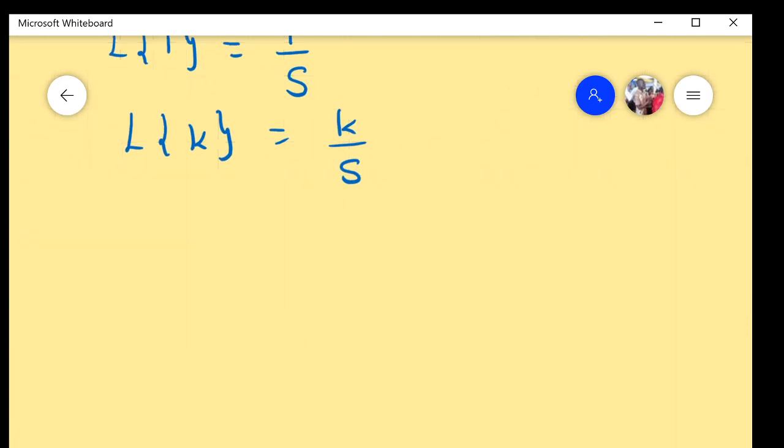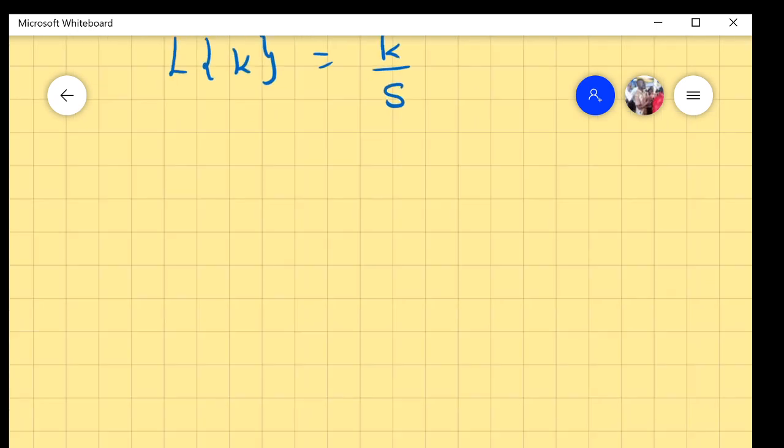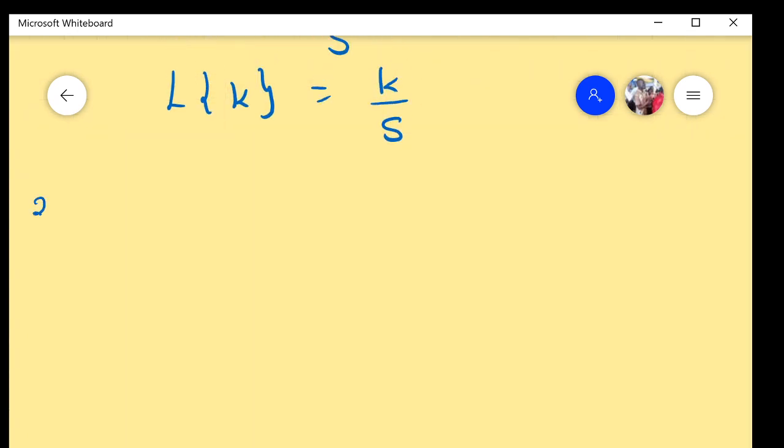Let's take another example. Let's say this is example 2, where I have f of t equal to e raised to the power at.